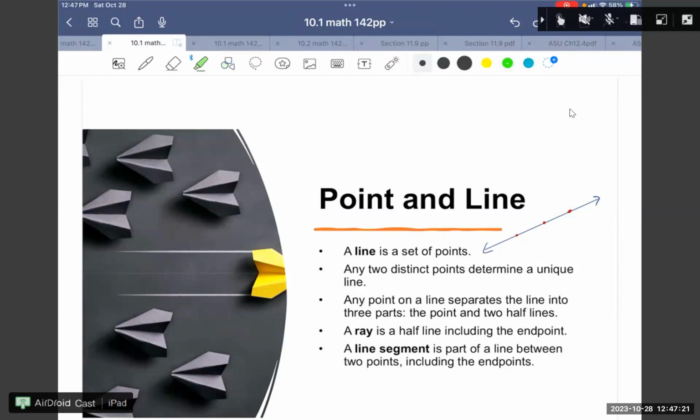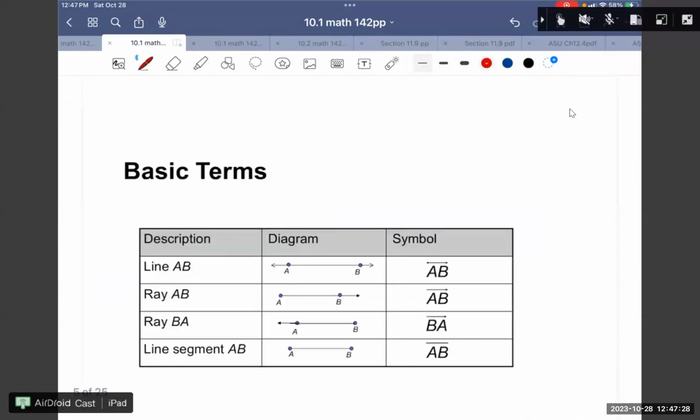This is the line segment, the ray, and the line. That is what I say is line AB. We have the points A and B, and this line goes through them. Remember, the arrows go on forever. So there is a symbol for line AB, with a line on top with two arrows, one in each direction. For ray AB, this one goes on in one direction and continues.